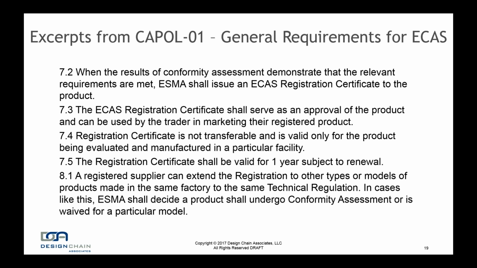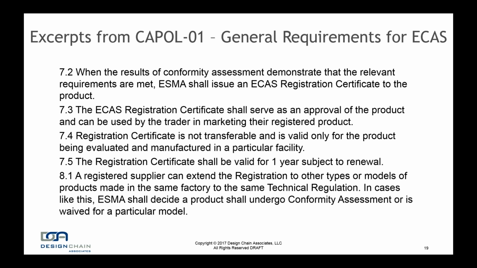8.1 is a registered supplier, and you do have to register on the ECAS system, and there's a whole bunch of other issues with that. Registered supplier can extend the registration to other types or models of products made in the same factory to the same technical regulation. In cases like this, ESMA shall decide a product shall undergo conformity assessment or is waived for a particular model.